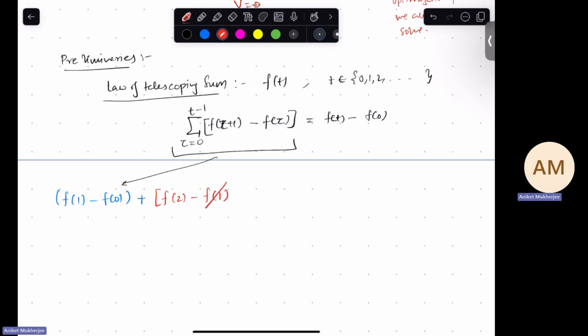And as you can see, this f1 and f1 will get cancelled. Plus f3 minus f2. And as you can see, this f2 and this f2 will cancel. Similarly, f3 and f3 will cancel. f4 will continue.